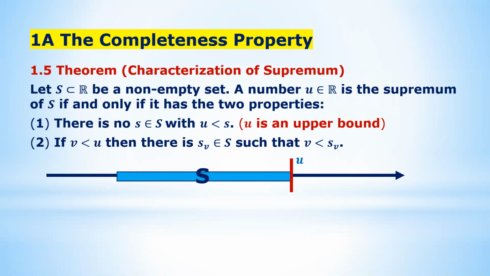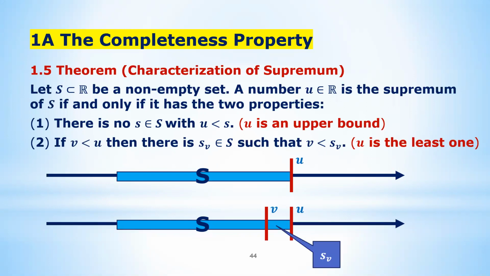Now, what is the message from two? Look at the second picture. When we have v less than U, this means that v is on the left side of U, and there's a gap between v and U. Since U is the least upper bound, v cannot be an upper bound. This means there must be something between v and U. Anything you pick between U and v, what we call s_v, is going to be greater than v.